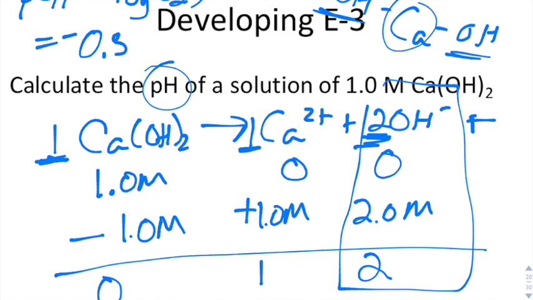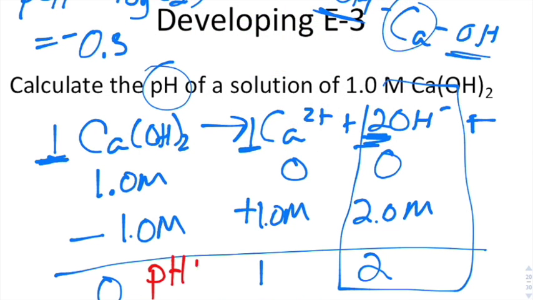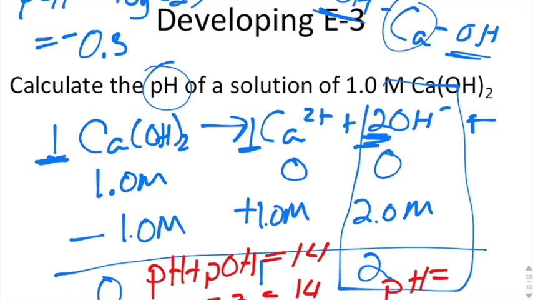So now that I have the pOH of negative 0.3, the last step is, you remember you have that formula that says pH plus pOH is equal to 14. So if the pOH is negative 0.3 and this is 14, the pH has to be 14.3.